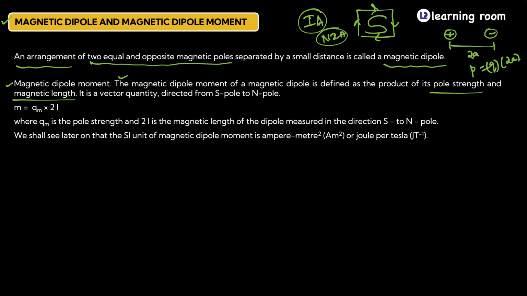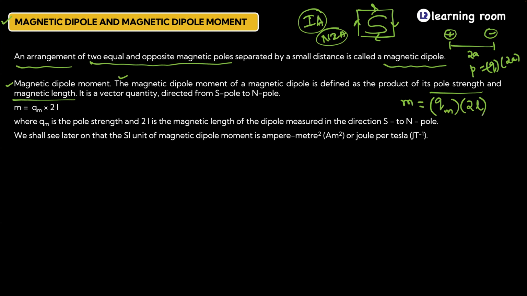In a similar way, for magnetic dipole moment, instead of P, I'm writing M. What did I say is the replacement for charge from electrostatics in magnetism? Instead of charge, here it will be Qm, which is called pole strength. Instead of 2a, I'll write 2L, where 2L is the distance between the North Pole and the South Pole.